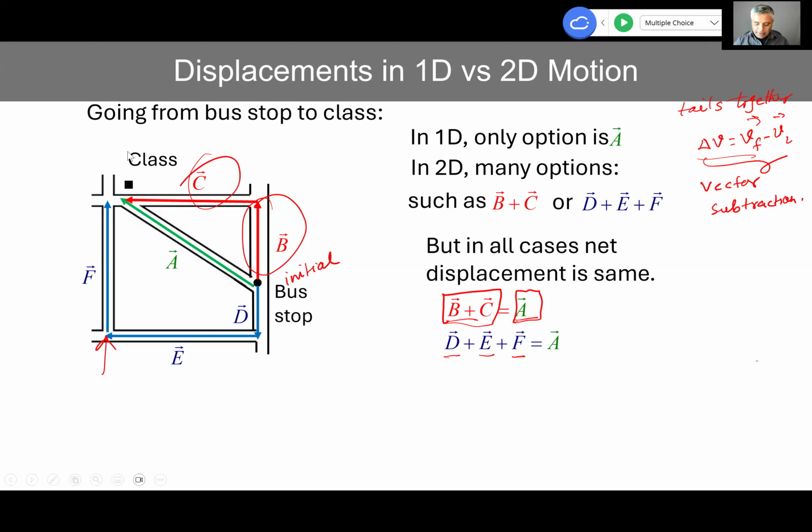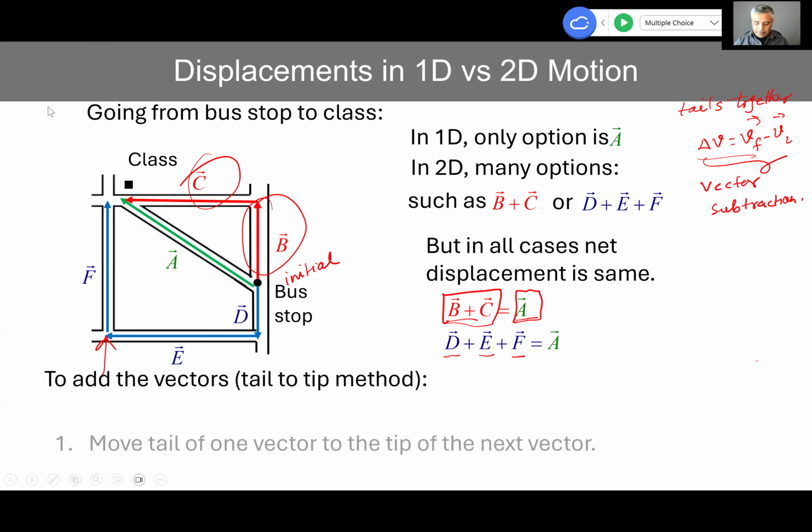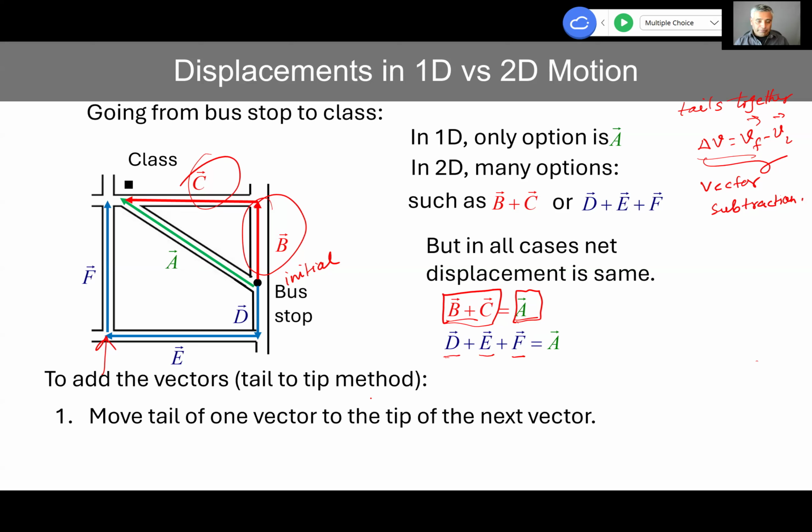And that's what I have written here. Tail to tip, okay? Move the tail of one vector to the tip of the next vector. Now we want B plus C equal to A. See how A is drawn here. Where does A start from?